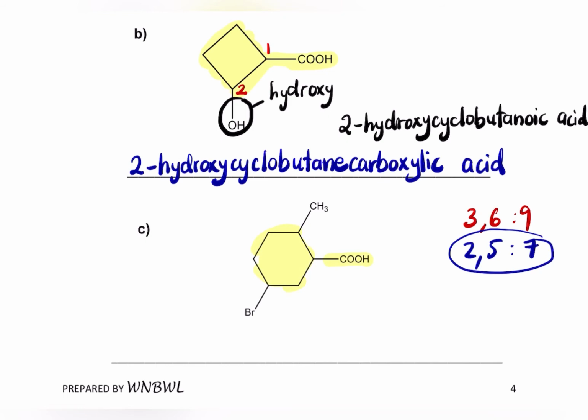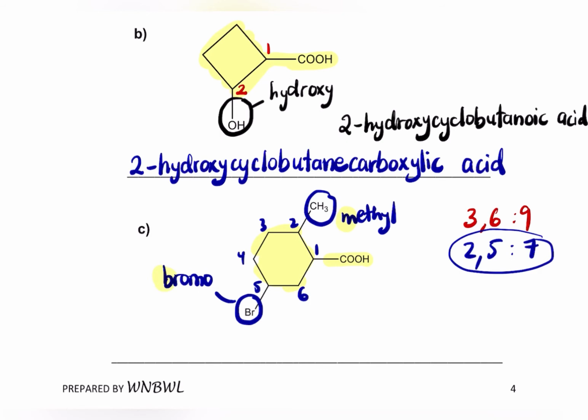So this one will be the first carbon, second, third, 4th, 5th, and 6th. So you have bromo at position carbon number 5, and you have methyl at position carbon number 2. So between M and B, which one comes first? B comes first.